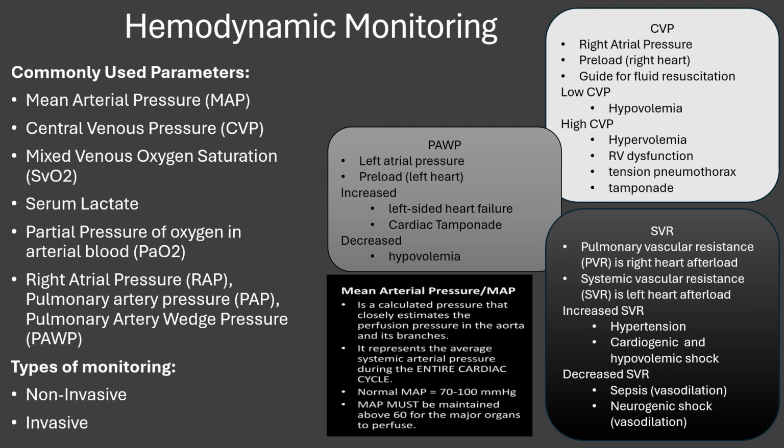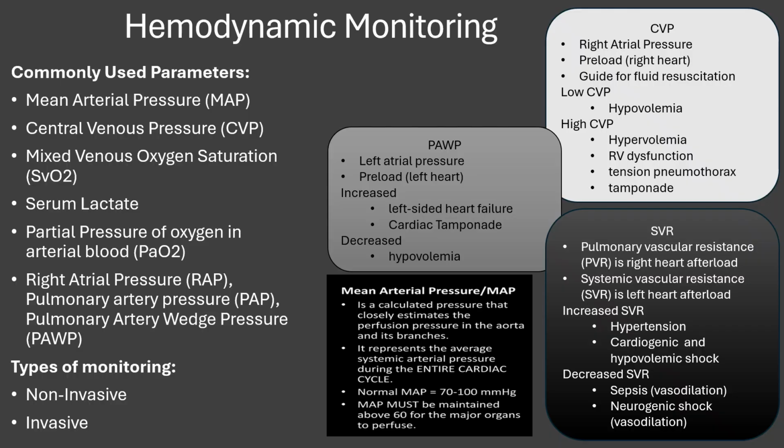But another thing is going to be your central venous pressure, and that is just an indicator of that pressure within your right atria. Next, we look at your mixed venous oxygen saturation, and we use this value to titrate inotropes.